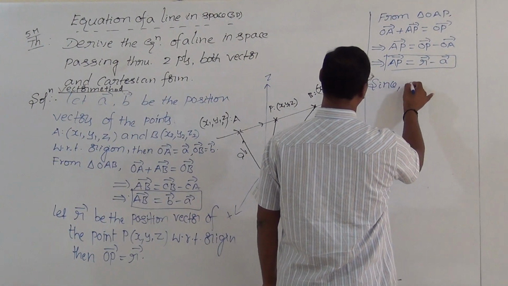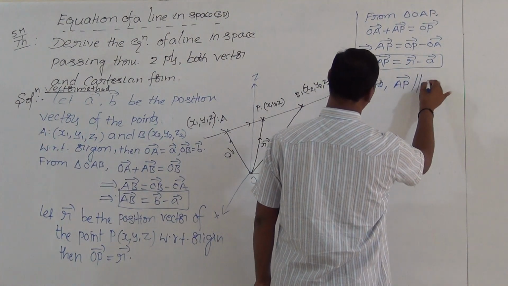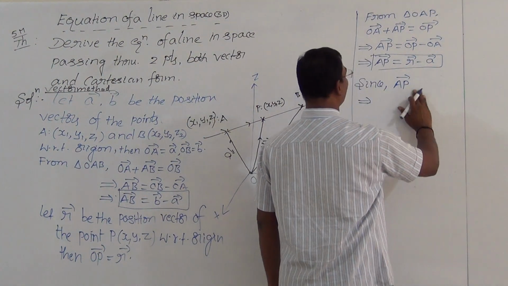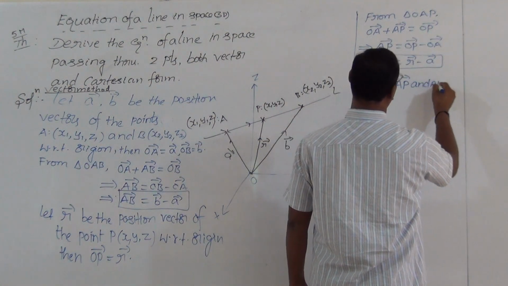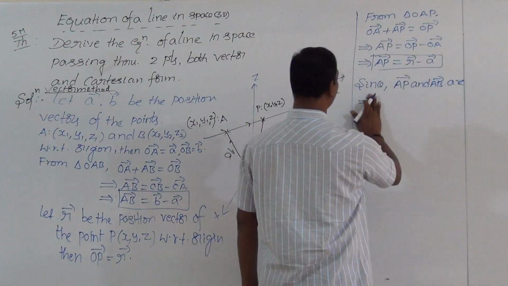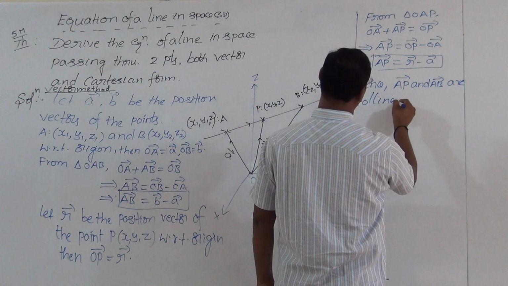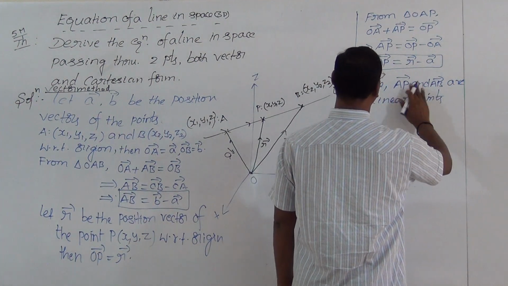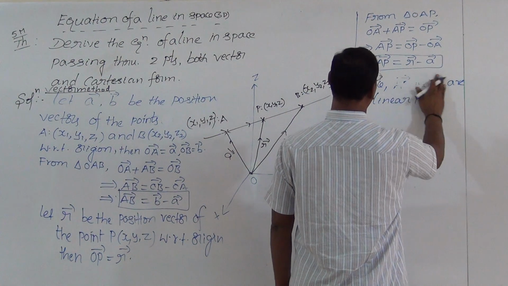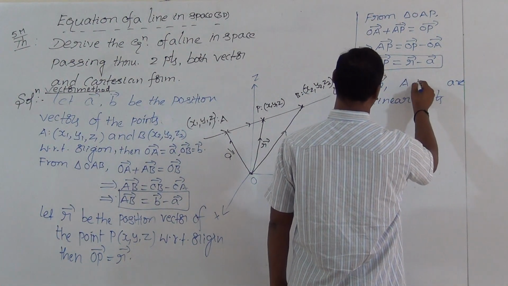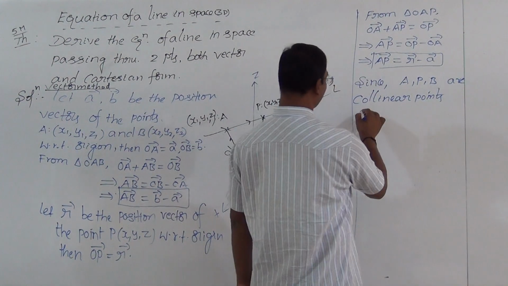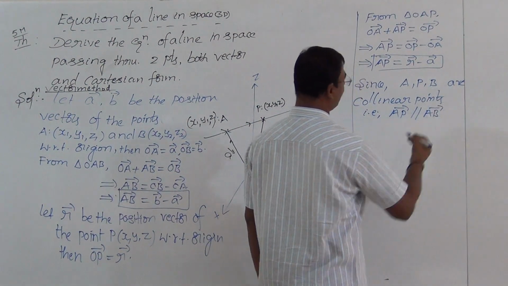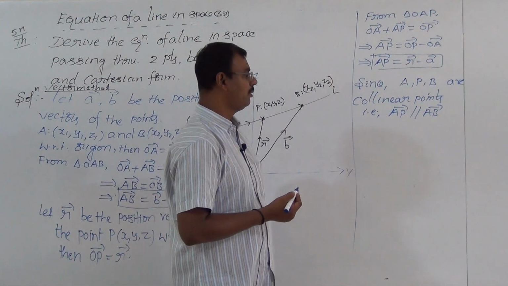Since A, P, B are collinear points, the AP vector is parallel to the AB vector. AP vector is parallel to AB vector.